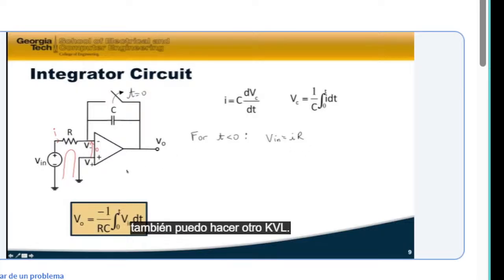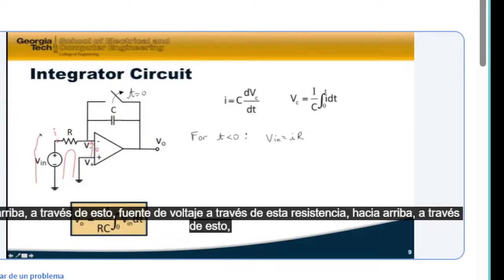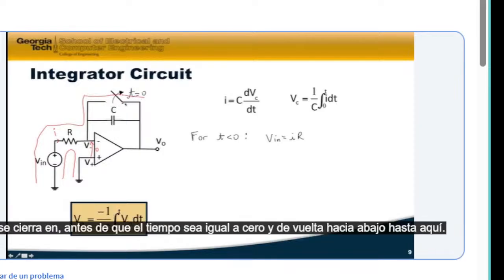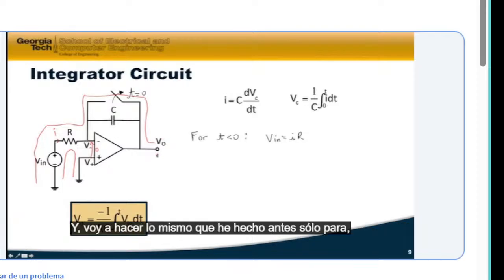And also, I can do another KVL around this outer part, up through this voltage source, across this resistor, up through this, which is closed before time equals 0, and back down to here. And I'll do the same thing that I've done before just to emphasize the fact that I can finish this loop right here back down to ground.